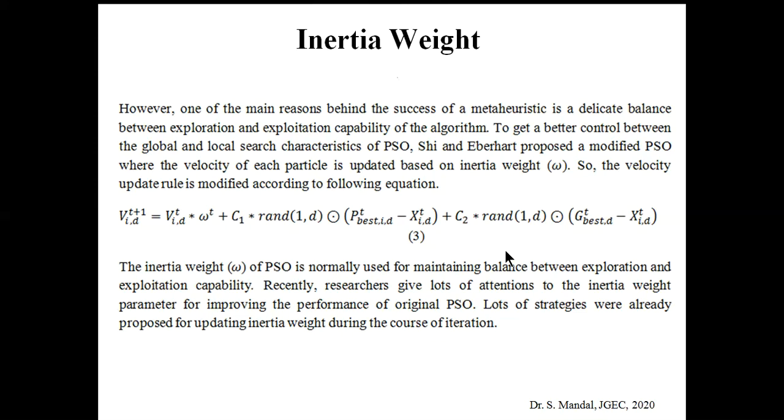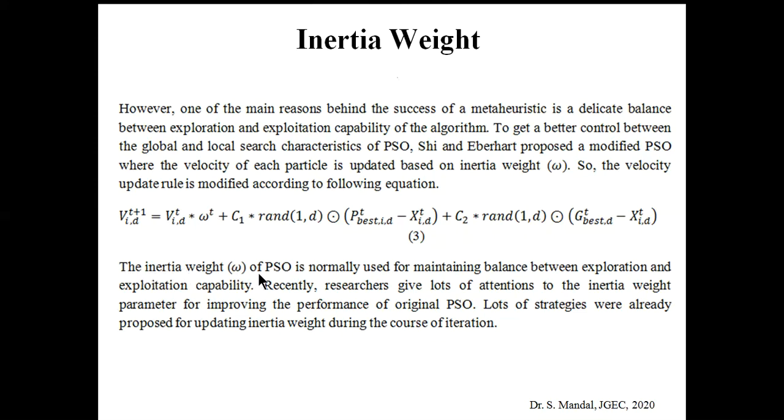Now, to control the global search and local search characteristics of PSO, Shi and Eberhart proposed a modified PSO where the velocity of each particle is updated based on a constant known as the inertia weight. The velocity update rule is modified according to the following equation. So instead of using v_i,d(t), we are using v_i,d(t) multiplied by omega(t).